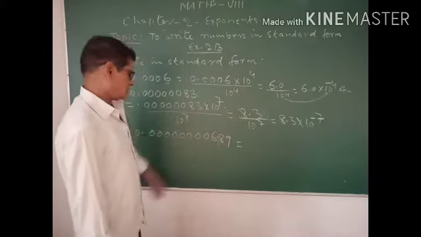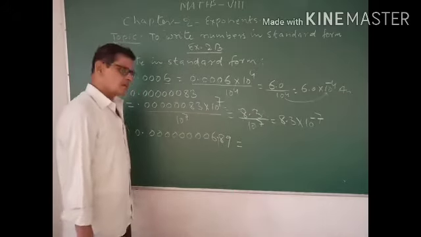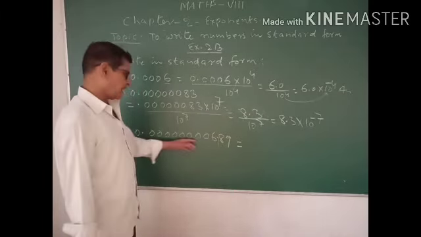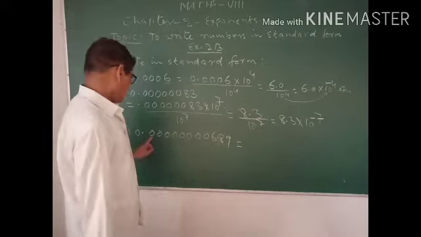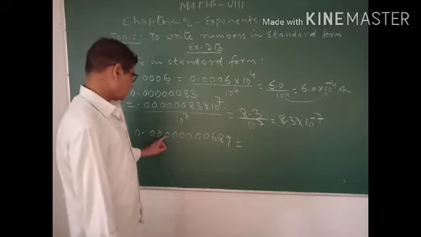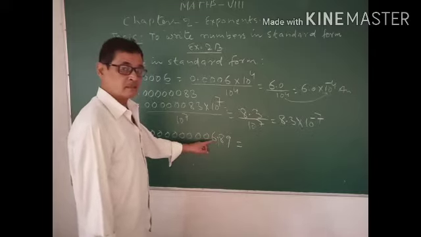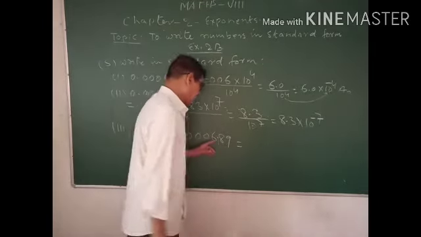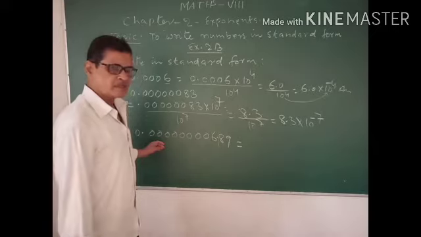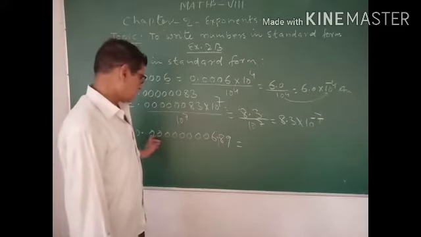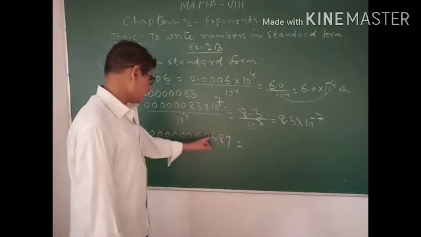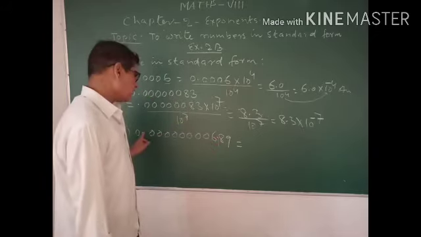Thereby what? 10 to the power, we should multiply it. Count the number 1 2 3 4 5 6 7 8 9. यानी if you multiply this number by 10 to the power 9, then decimal will shift here from here.